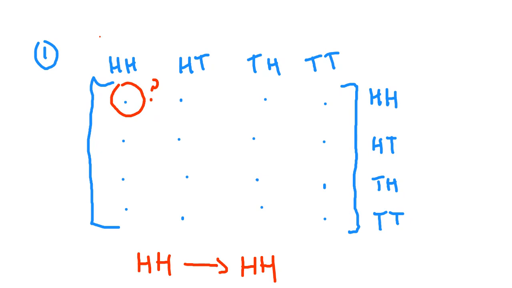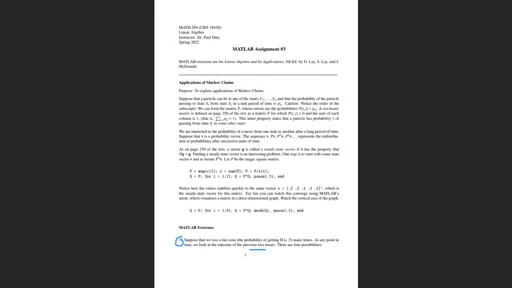Remember what these states mean. So if I go back here to the document, I always have to go back and forth here. You're looking at the outcome of the previous two tosses.